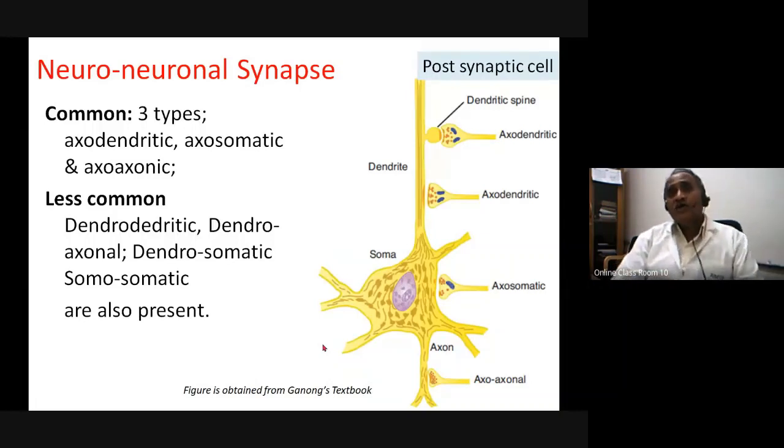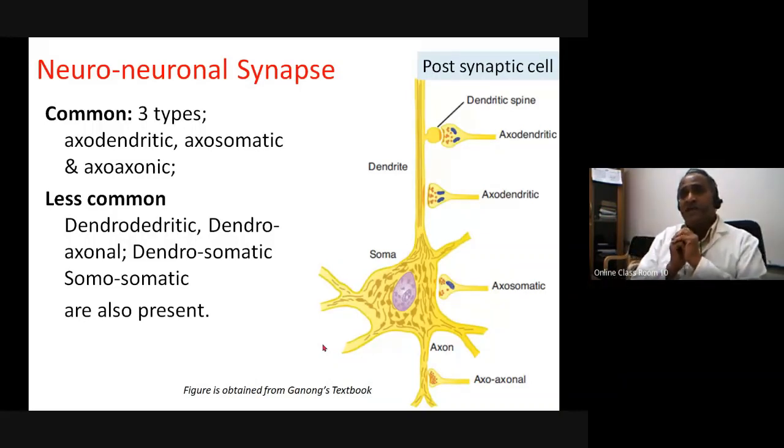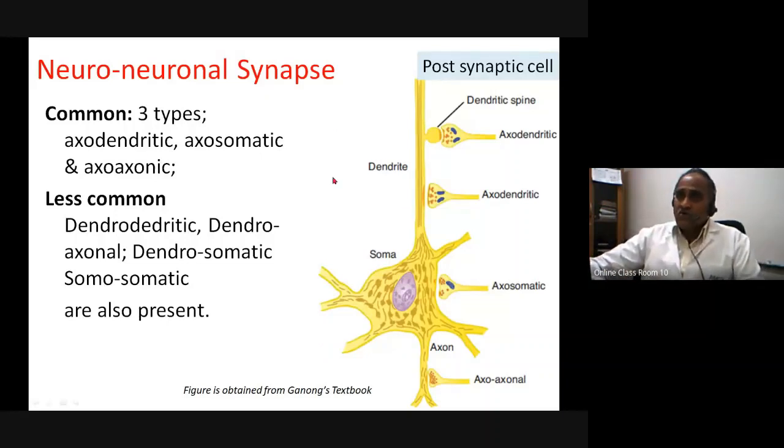Now, if you are looking at the neuronal synapse, there are primarily or most commonly three types of synapses. Neuronal synapses, common. These common ones are axodendritic. This is a dendron of this nerve fiber. This is the dendron.